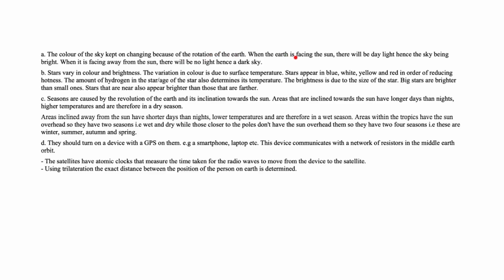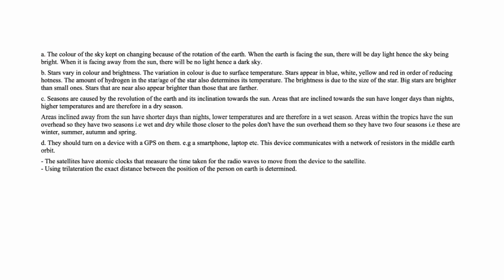When the Earth is facing the Sun, there will be daylight, hence the sky being bright. When it is facing away from the Sun, there will be no light, hence a darker sky. So that was how you are supposed to answer part A, how the sky was changing.